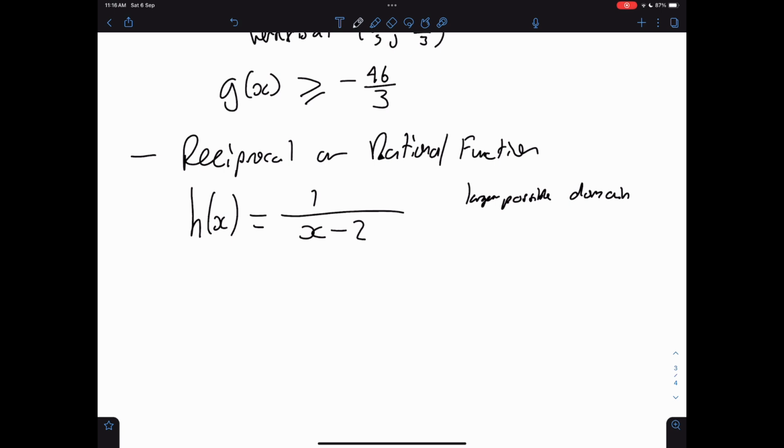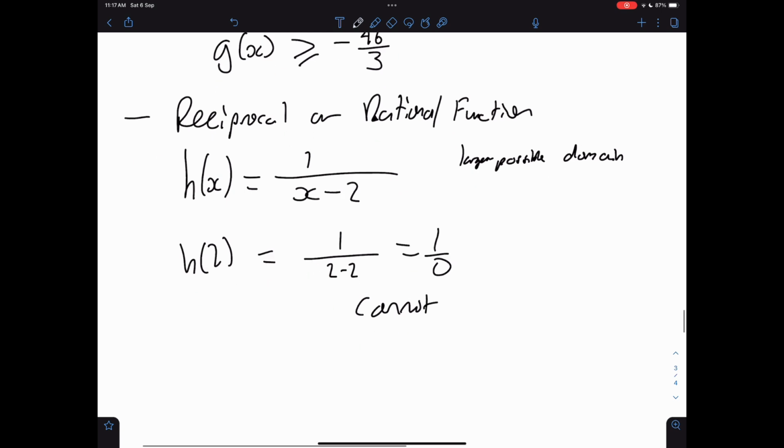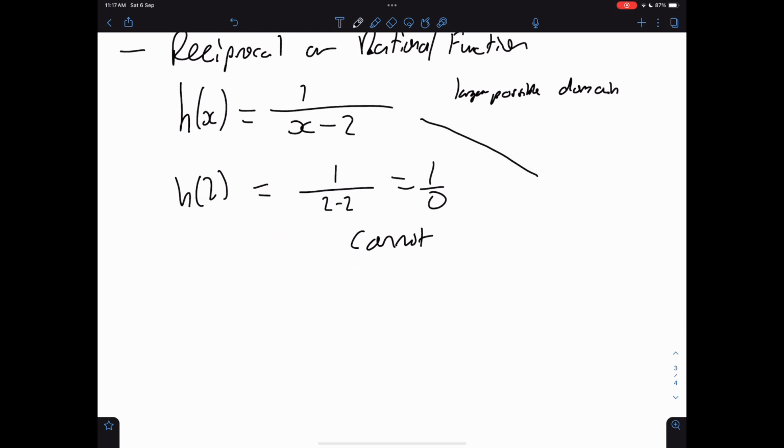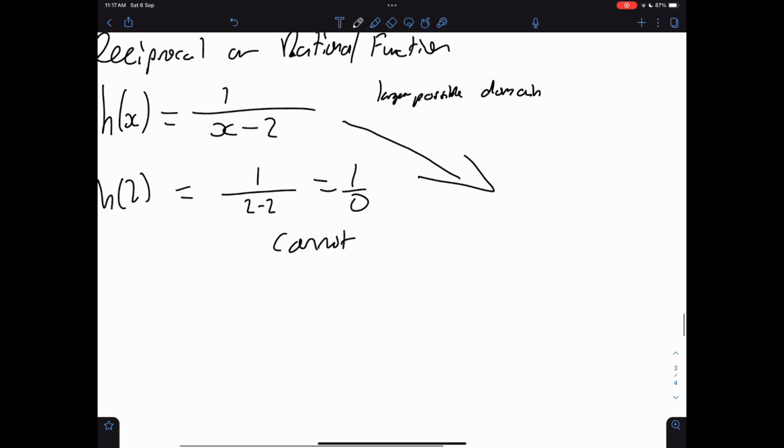But they're all valid values. But what if we did h of 2 equals 1 over 0? You cannot do this. You cannot divide by 0. So basically, that domain would be, okay, we can say x is an element of real numbers. It could be anything, but x cannot equal 2. Anything else, 2.1, it's fine.